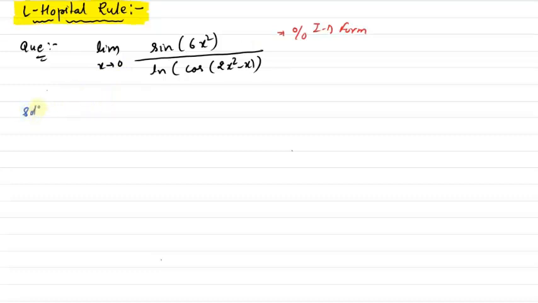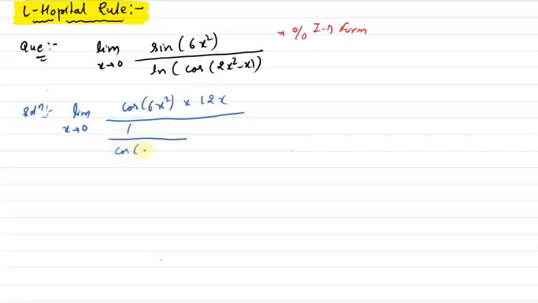What do we get if we apply the LH rule? We'll get limit x tending to 0. Differentiation of the numerator: first of all, sine will convert to cos of 6x square. Now differentiation of 6x square will give you 12x, whole divided by ln cos of 2x square minus x. So how do we differentiate this? First of all, differentiation of ln will give you 1 by cos of 2x square minus x.